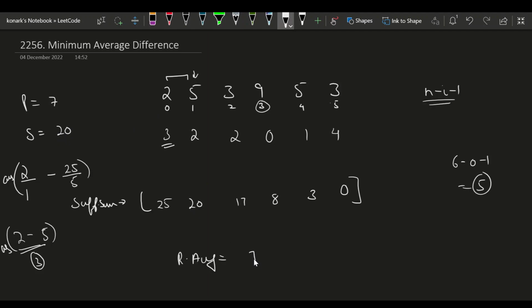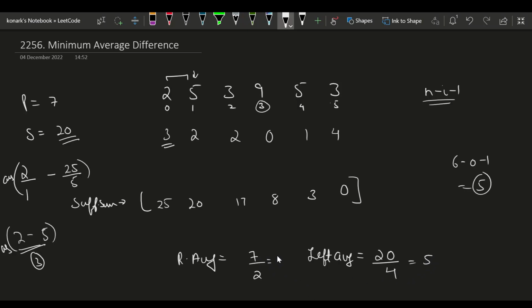So the right average is 7 divided by the number of elements at 1, which will be 2 elements, that is i plus 1. And then we have the left average. The left average is the suffix sum on the right side, that is 20 divided by, so we had 5 initially, but now we have moved on, which means we have decremented one element. So this will be 4, and this is equal to 5.